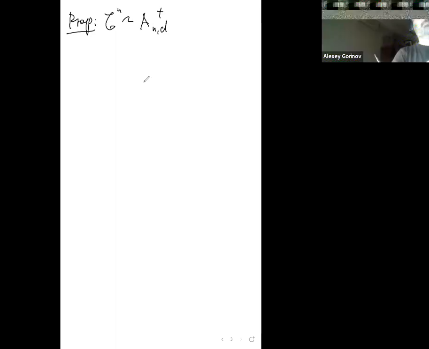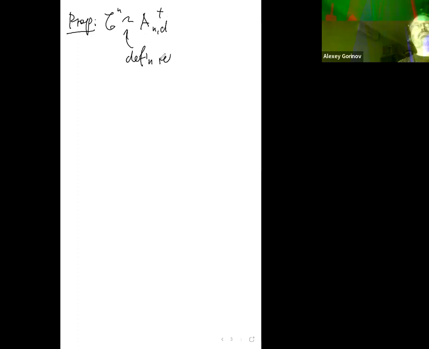My claim is that CN deformation retracts onto A and V plus. Well, let's see why this is so.